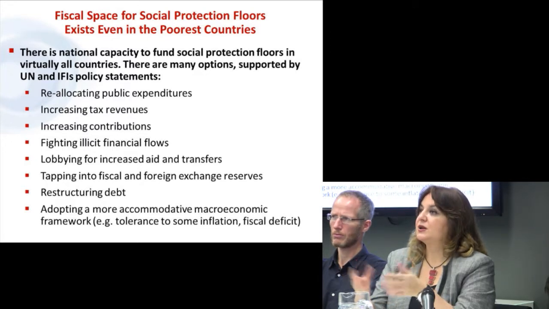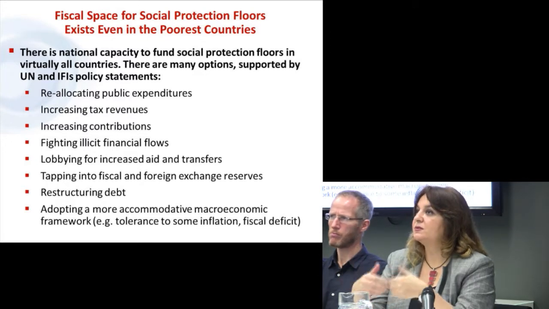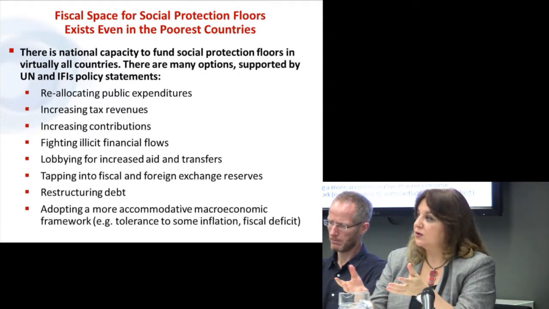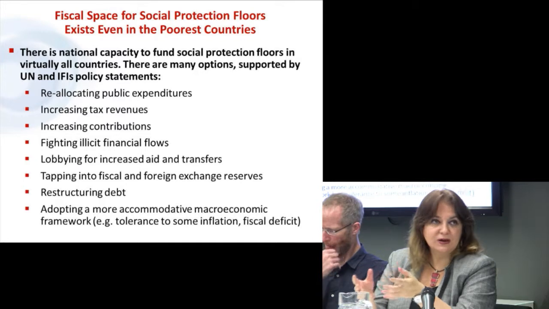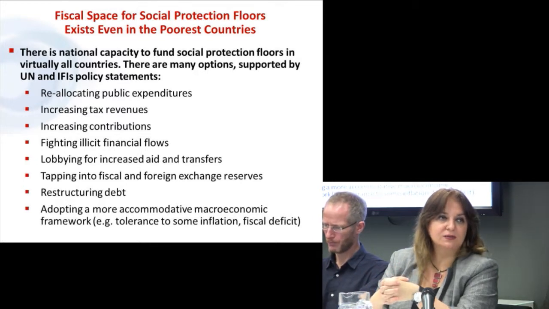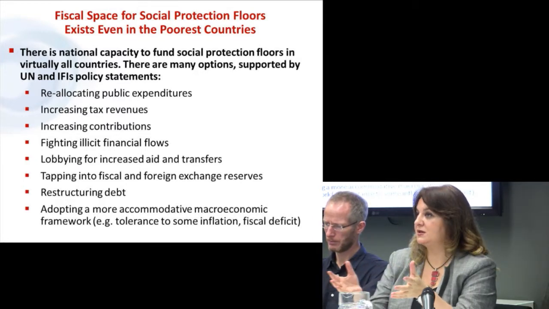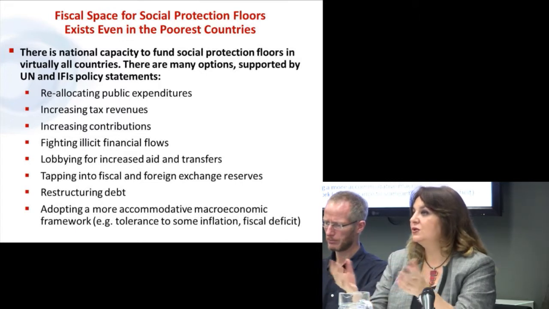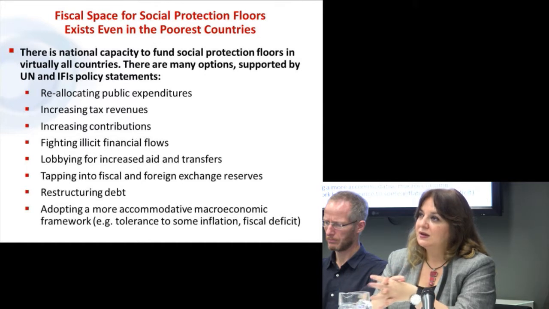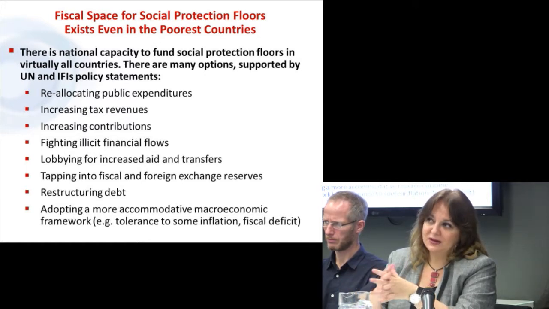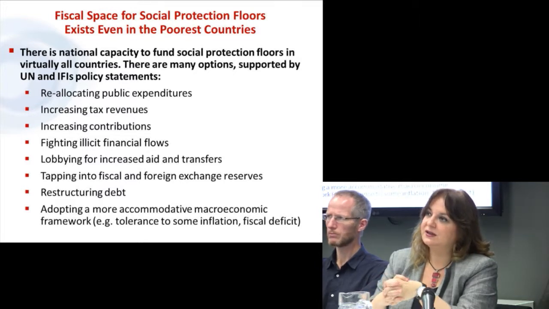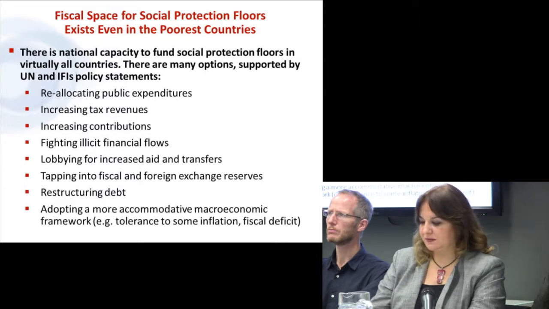Increasing tax revenues, and not just the consumption ones, but expanding the tax revenue pool, increasing contributions of social security, fighting illicit financial flows, and even the IMF nowadays is talking about that, and that will include from money laundering to tax evasion to trade mispricing and others. Lobbying for increased aid, tapping into fiscal and foreign exchange reserves, restructuring debt, and taking a more accommodative macroeconomic framework.